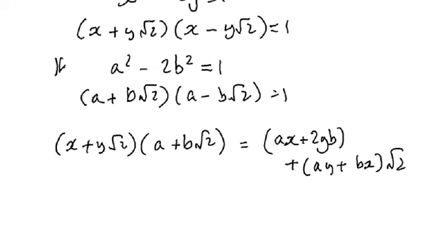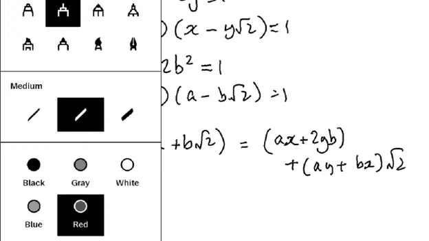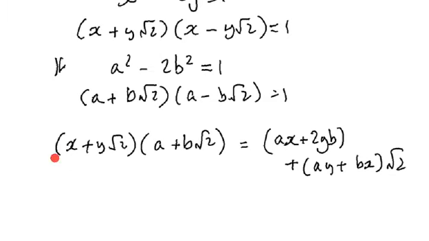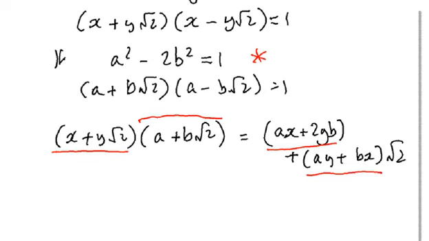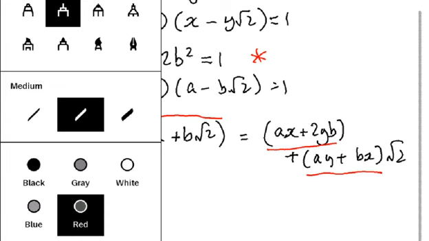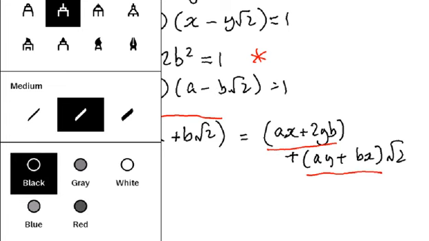And that means that if this is a solution to this, and this is a solution to this, then this is a solution of, well, this is not horrible, but don't be upset about this.